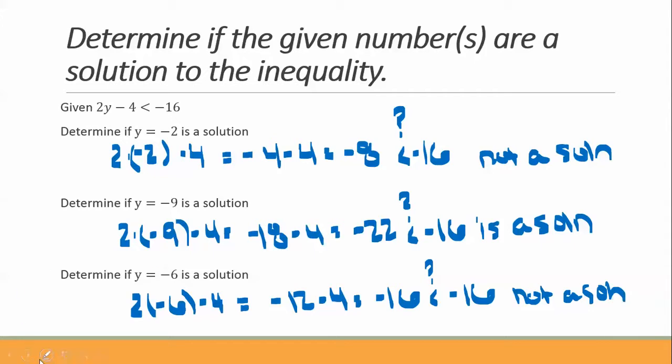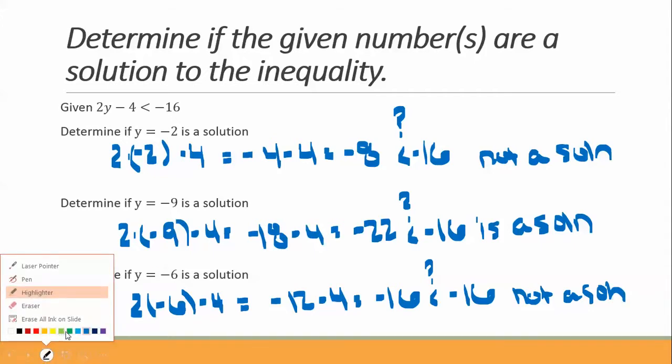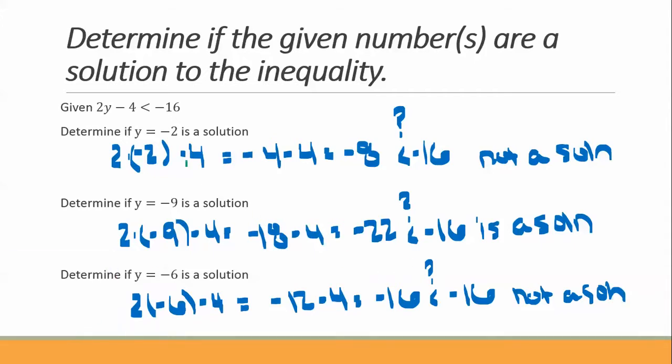If, on the other hand, this is just an if, this is not what it's written, but if this was less than or equal to, then it would be a solution. So when they're equal to each other, you have to make sure it's an equal to inequality, not a strict inequality.